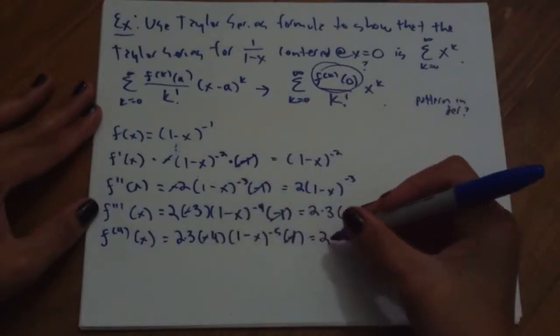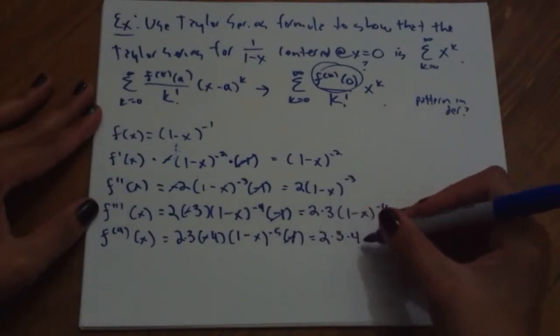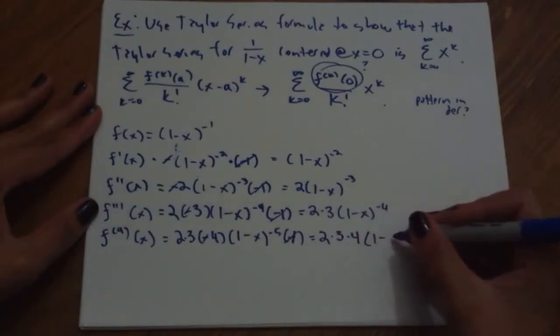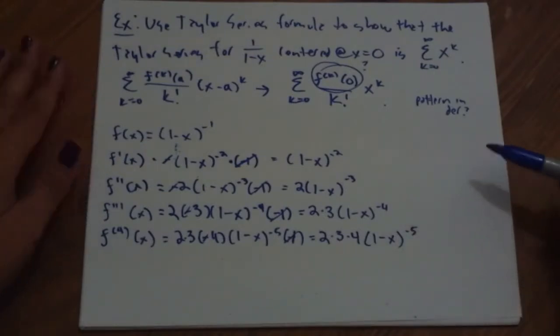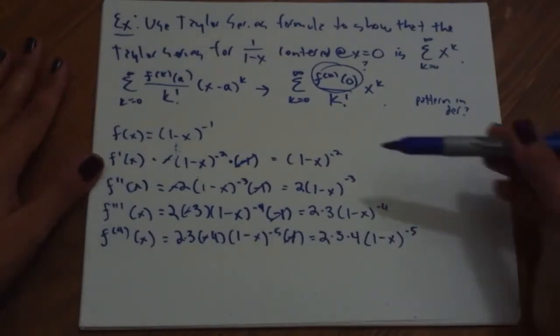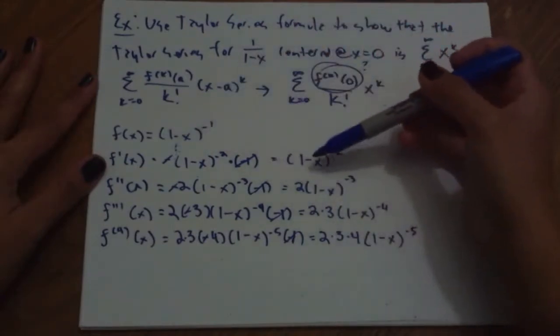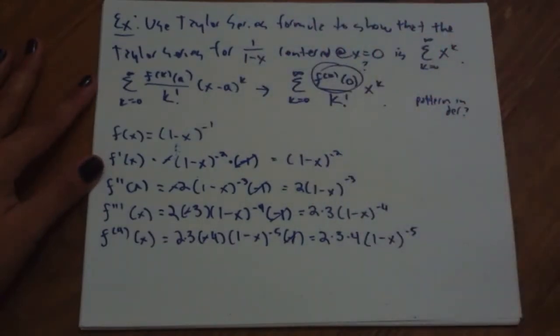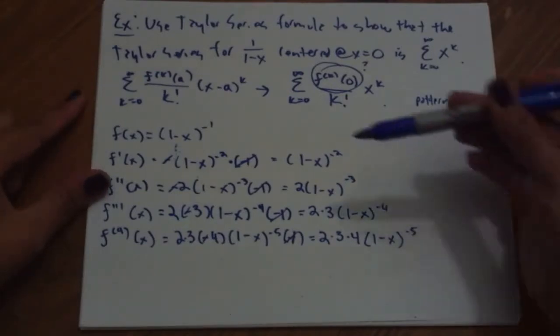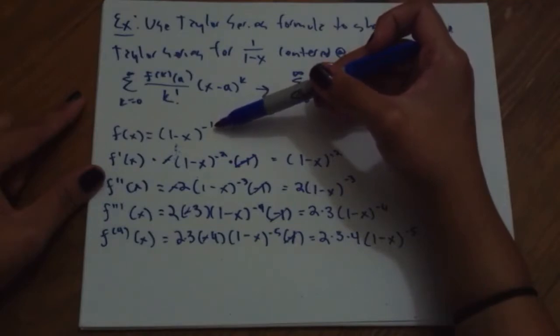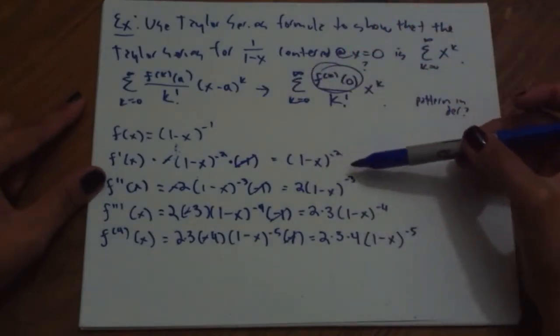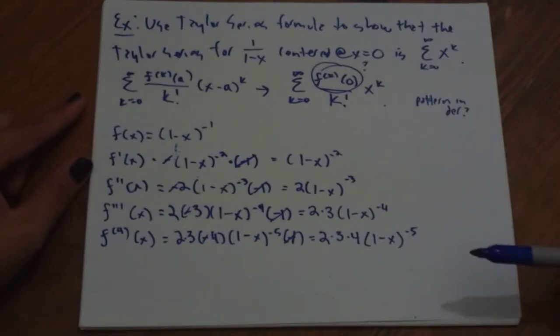Again, to really nail down the pattern, I'm not going to multiply this out yet. Hopefully you can see what's happening. First off, I've got this 1 minus x every single time, raised to a power every single time, and this power is incrementing by unit. We started at minus 1, went to minus 2, minus 3, minus 4, minus 5.